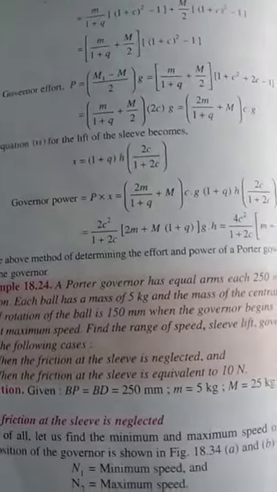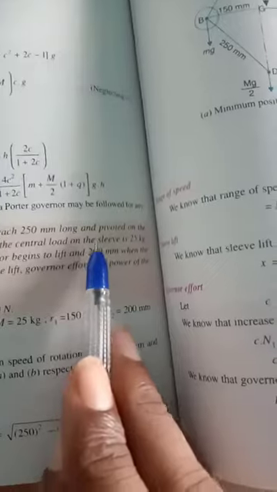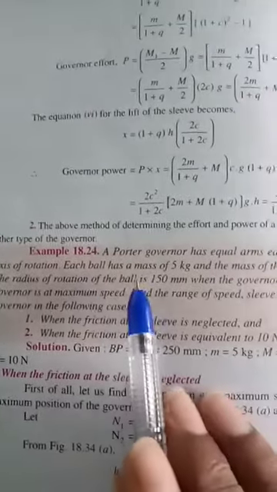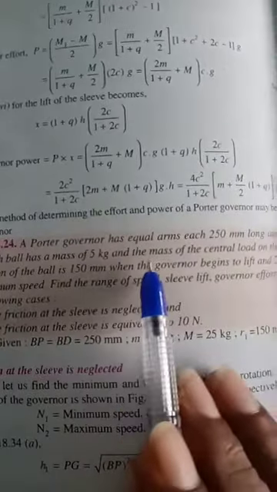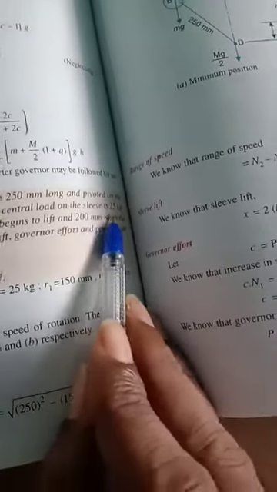A Porter governor has equal arms, each 250 mm long and pivoted on the axis of rotation. Each ball has a mass of 5 kg and the mass of the central load on the sleeve is 25 kg.